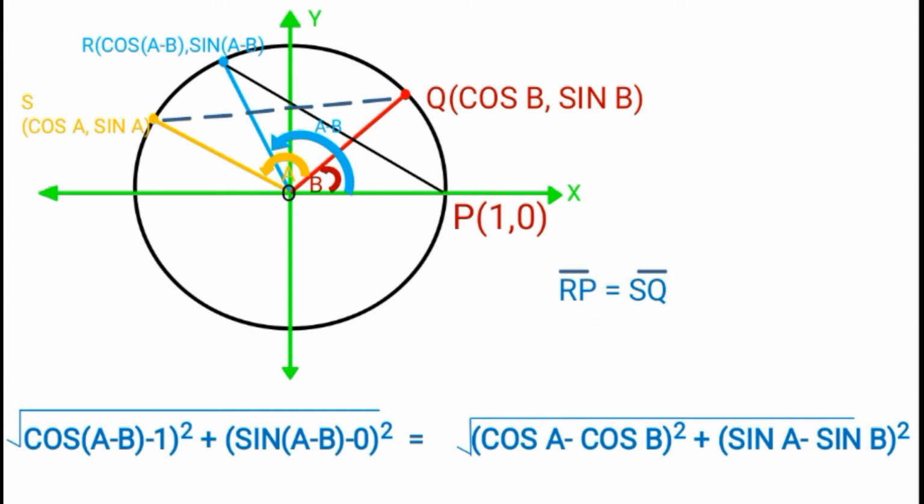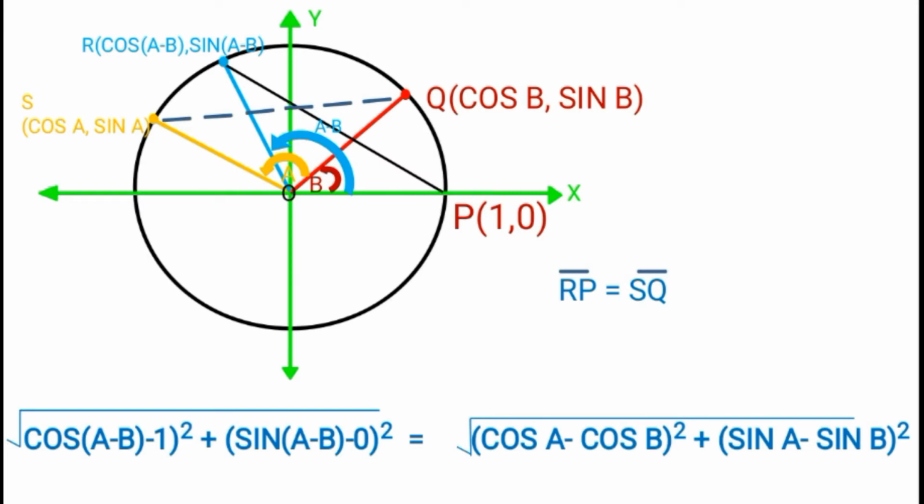Well, let's set it equal to the distance between S and Q, and the distance between S and Q is the square root of cosine A minus cosine B, the x value of S minus the x value of Q, squared, plus the y value of sine A minus the y value of Q, sine B, squared.